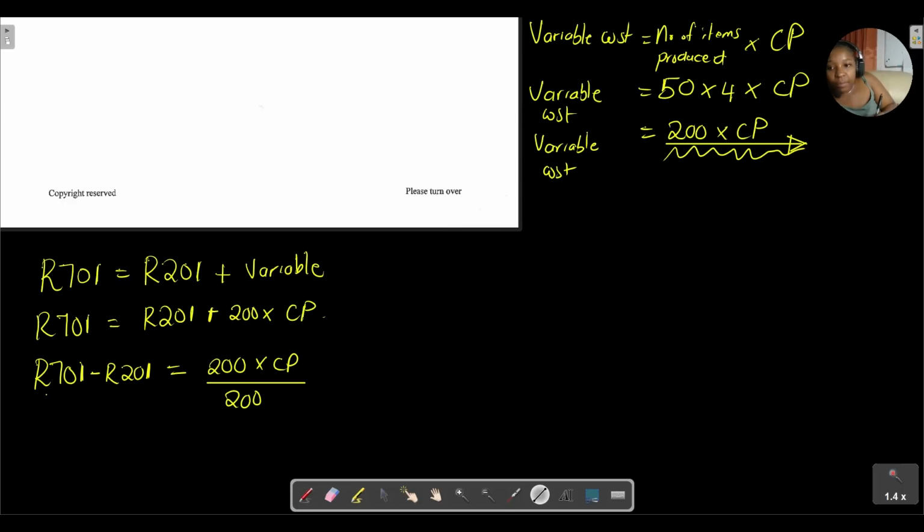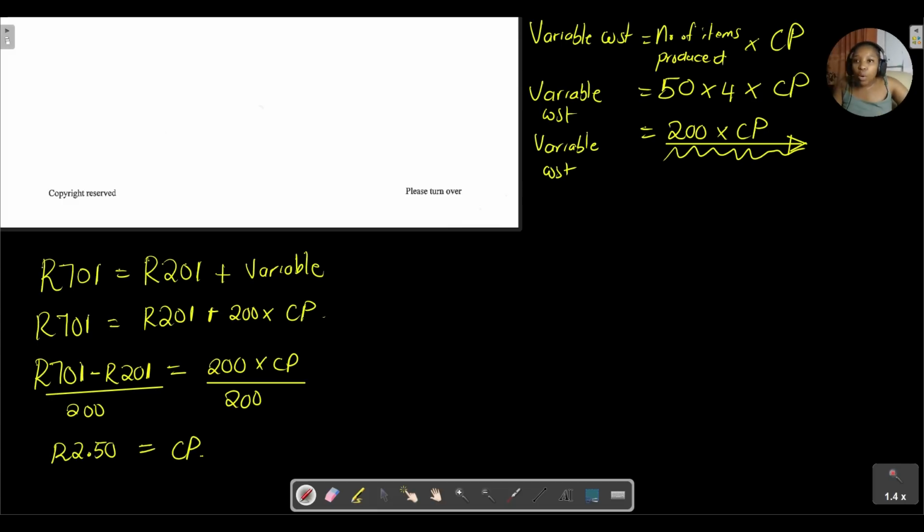And therefore, we will get the CP, cost price. So 701 minus 201 divided by 200, I'm just doing it in one step. Then we will see that it's actually 2 Rand and 50 that is the cost price.